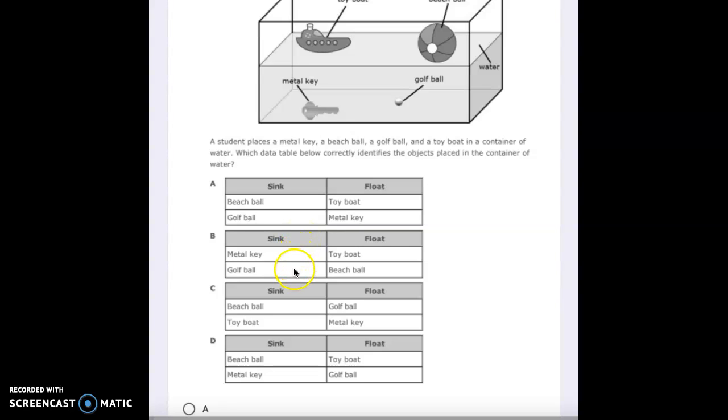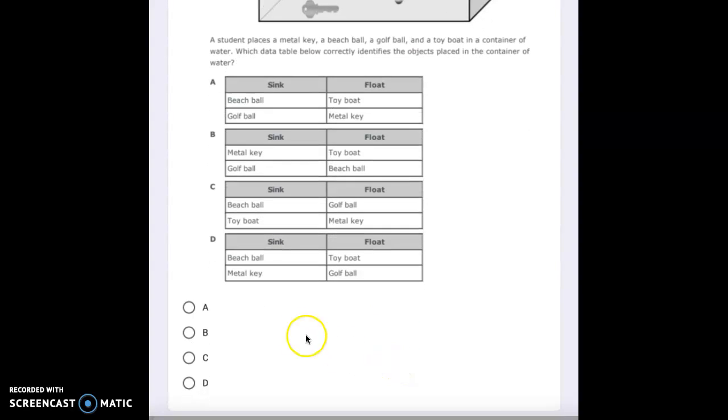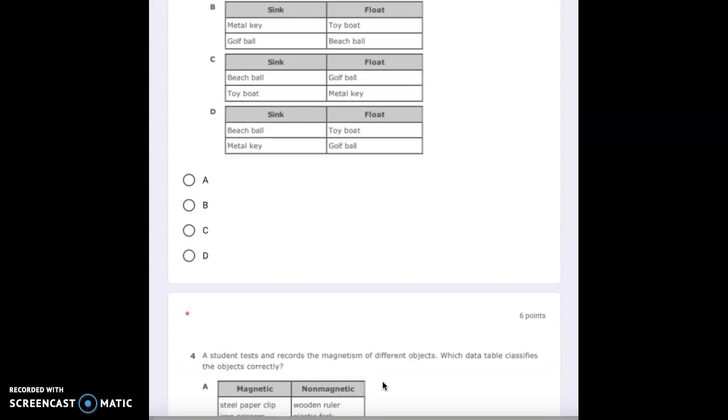B. Sink: metal key, golf ball. Float: toy boat, beach ball. C. Sink: beach ball, toy boat. Float: golf ball, metal key. D. Sink: beach ball, metal key. Float: toy boat, golf ball. A, B, C, or D? Pause and answer the question.